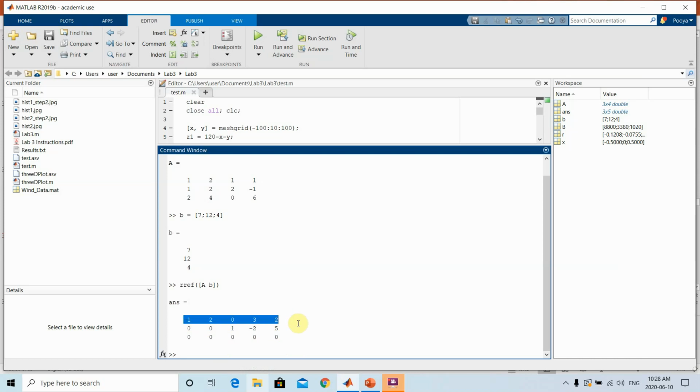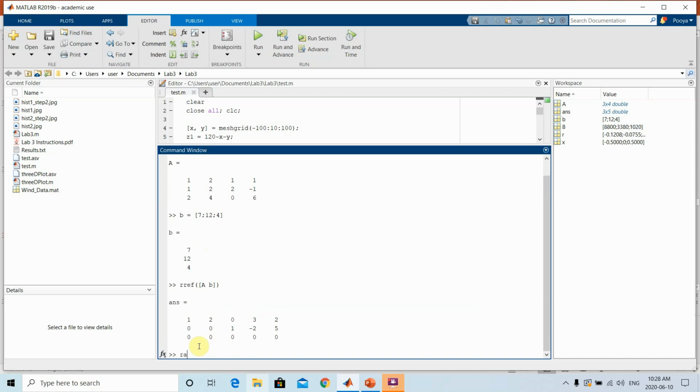But these infinite solutions are not just random solutions. They satisfy these 2 equations: x plus 2y plus 3w equal to 2, and z minus 2w equal to 5. So whatever numbers satisfy both of these equations can be the solution for this system.